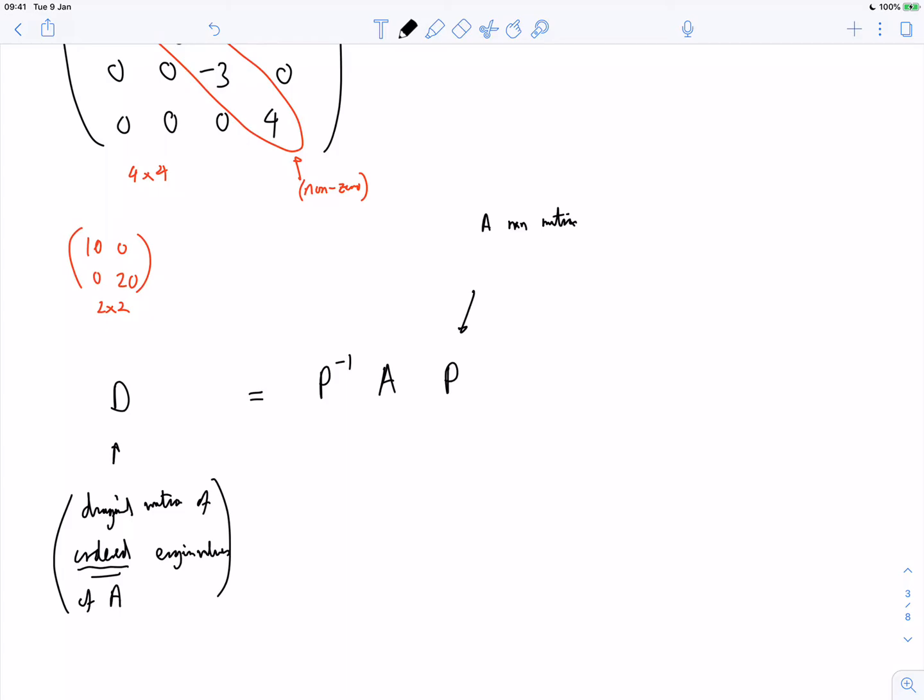By the way, these are all square matrices, all n by n matrices. It's going to be an n by n matrix with columns of eigenvectors, ordered, that's important, of A.